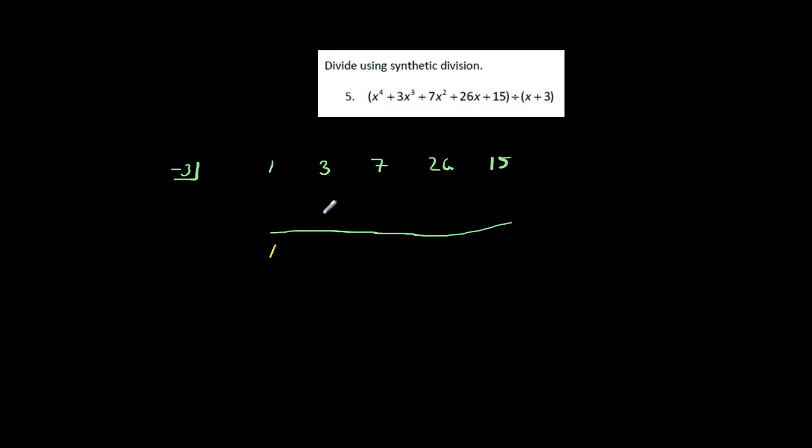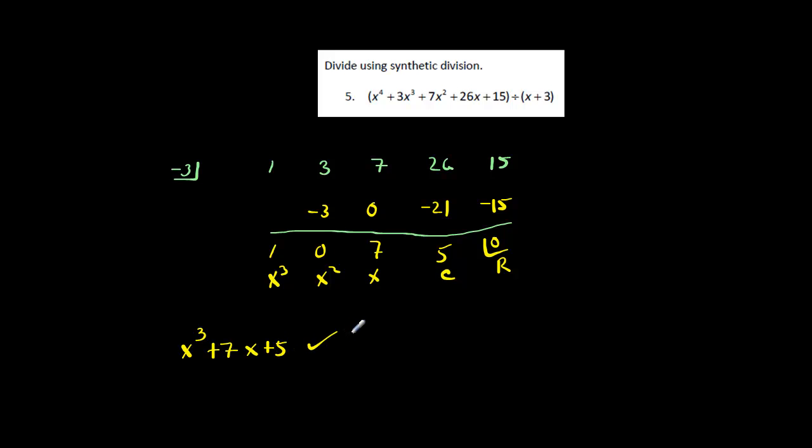So add down, multiply, add down, multiply, add down, multiply, add down, multiply, add down. So your remainder, your constant, your x squared, and your x cubed. So your answer is going to be x cubed. You don't have to put this because it's 0, plus 7x plus 5.